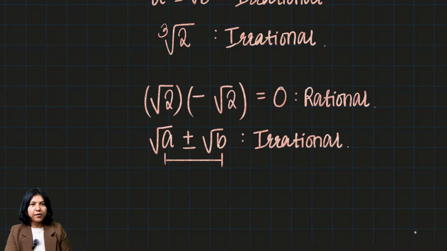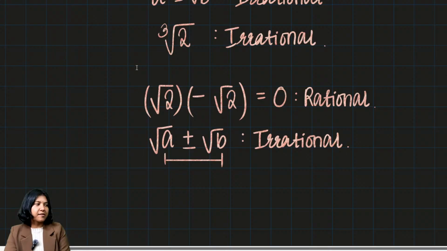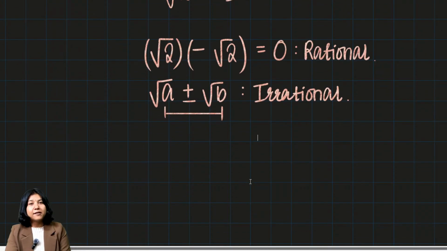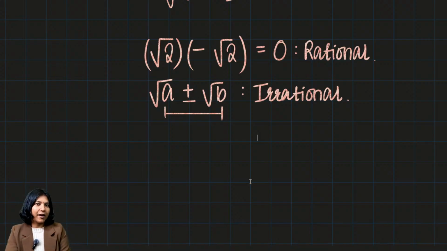Because there is no way I can get the answer as some real number, or some rational value. Rational is possible only when I take the opposites. Remember that. Now, is it possible that I multiply two irrational numbers and get a rational? Well, it is. So let's say, for example, I take square root 2 and multiply it by its reciprocal.